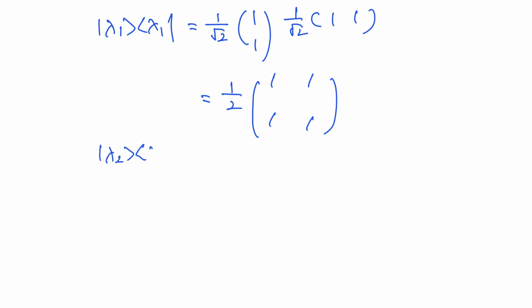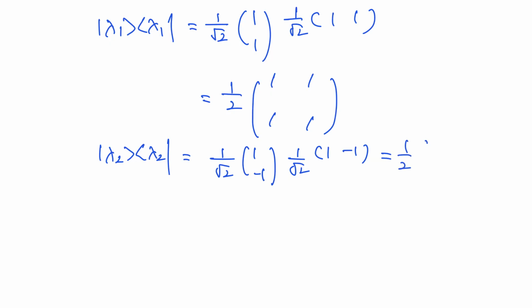Lambda 2, lambda 2: 1 over square root of 2, (1, -1), which is the same as 1/2. You just multiply 1 by everything here. So it's 1, -1, and the second line is opposite: -1, 1, right?